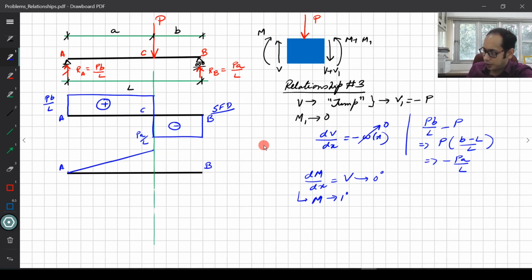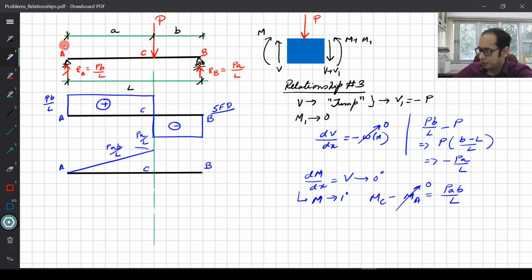If I have to find the value of the moment, this is my point C over here. Now remember, I can find MC minus MA will be the area of the shear force diagram between these 2 points. So the area of the shear force is PB divided by L times this distance, which is nothing but A. So it is going to be PAB by L, and MA is 0, so MC becomes equal to PAB by L.